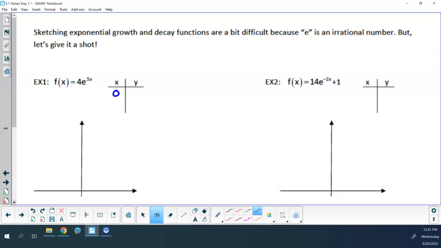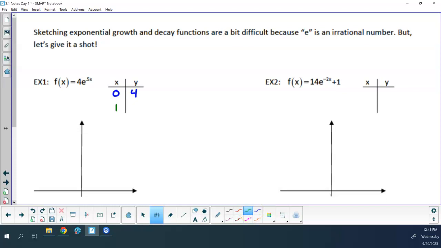E to the 0 power is 1 times 4 is 4. So I go through the point 0, 4. That's the big one. That's the main one. We know, is this a growth or is this a decay? It's going to be a growth because my k is positive, right? So then, if I plug in 1, I should get a bigger number than 4.